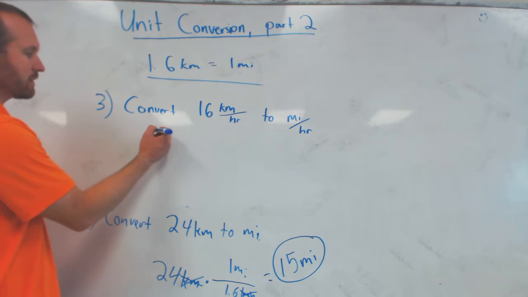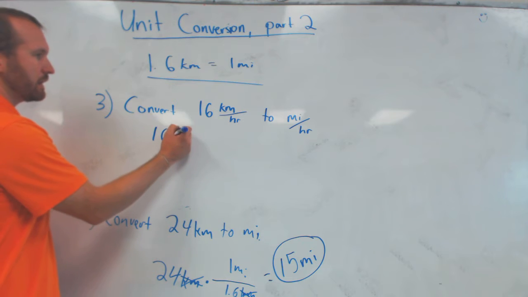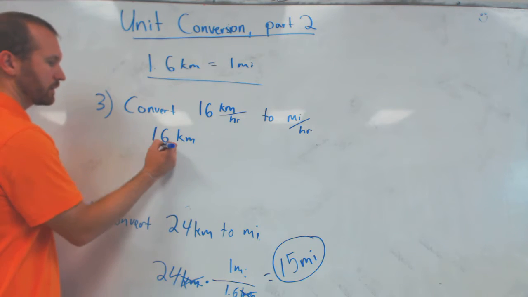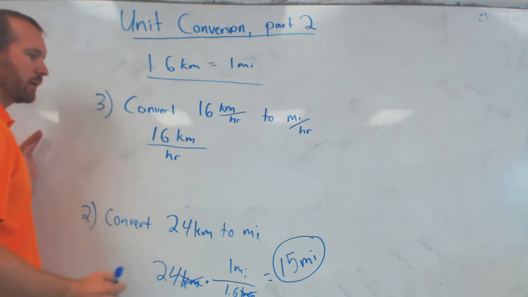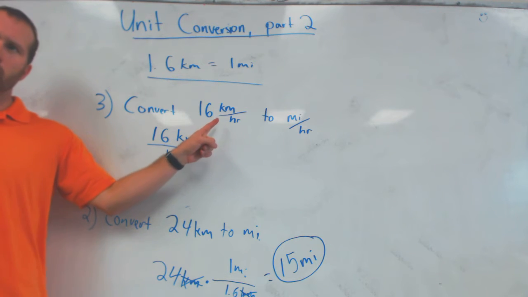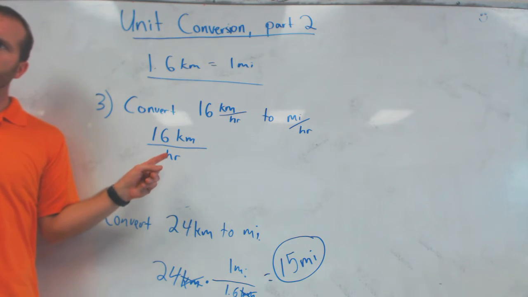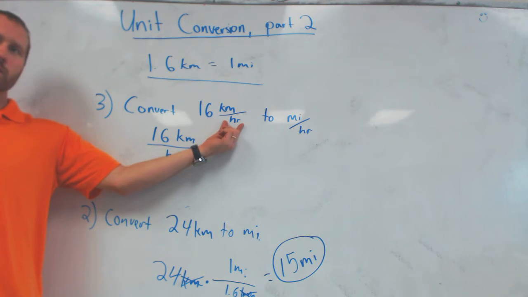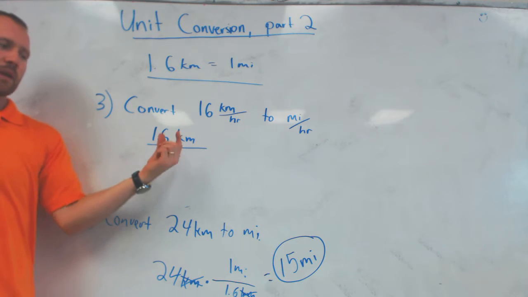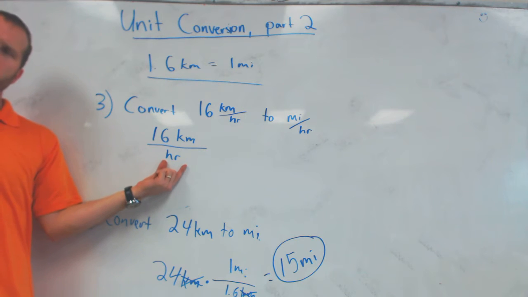Well, let's just see what happens if I write this 16 kilometers per hour. I'm writing it a little bit differently than they wrote it in the problem. The key thing to recognize is the hours, because it's per hour, is in the bottom of my fraction.